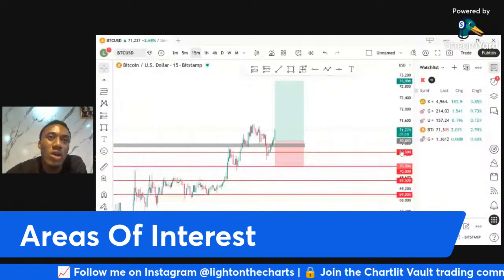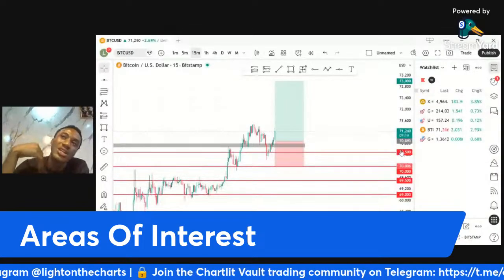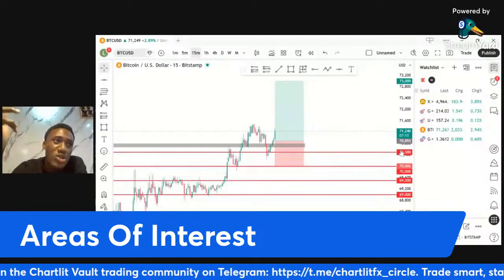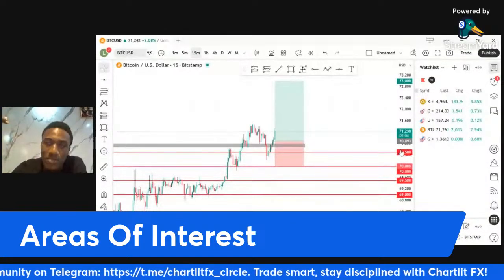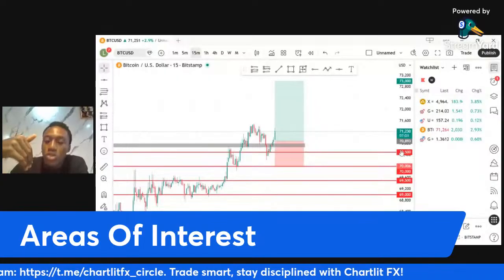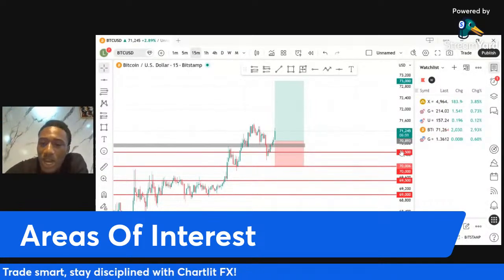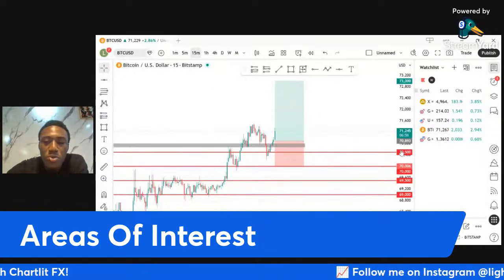A psychological level shows the price you're interested in. Let's say price gets to 70,500. When it gets to 70K, I'll buy, because price moves from psychological level to psychological level. You always see a reaction. Just go and plot your psychological levels. You always see reactions, and do review psychological levels on different pairs like gold and GBPUSD, so that you guys don't get confused.